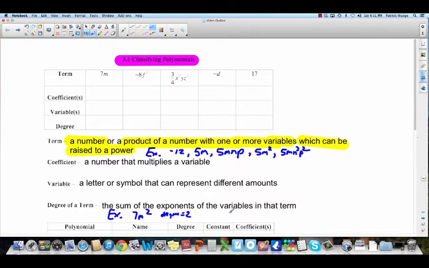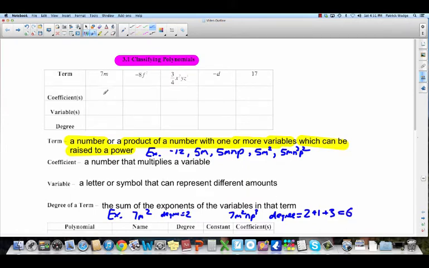But if it was something like 7m squared np cubed, the way you get the degree of that is you sum together, sum means add, all the exponents here. So you'd be adding 2 from the m, plus, what's on the n? What's the exponent there? 1, right? It's an invisible 1 there, plus 3, so your degree of this is 6.